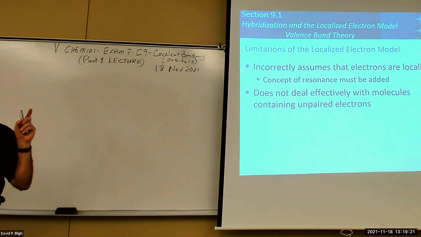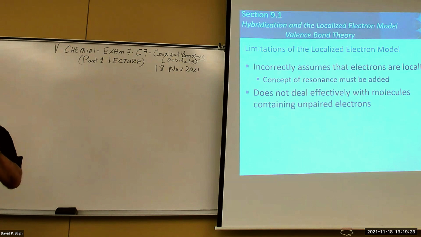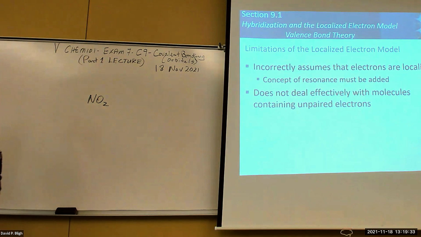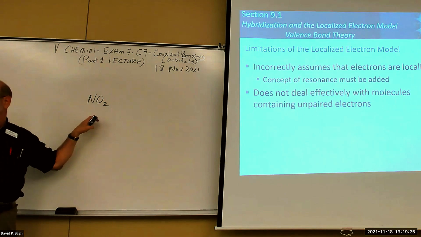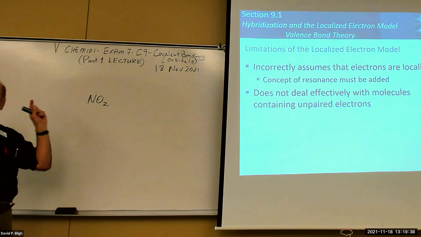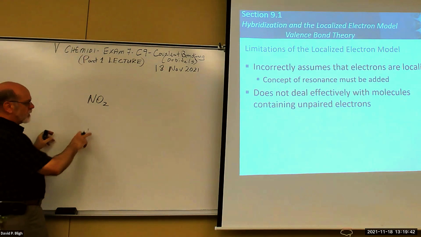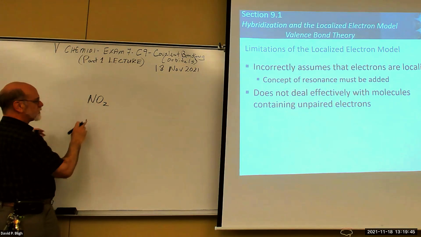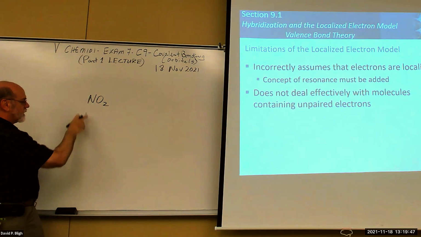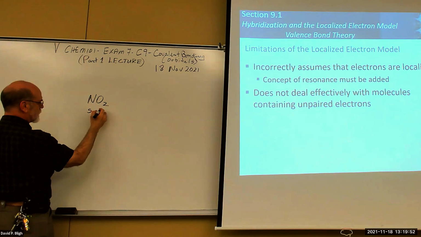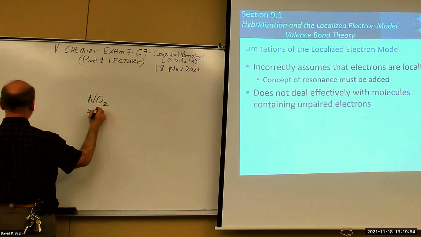It also has problems with molecules that show unpaired electrons. Here's an example: nitrogen dioxide. Now that's not the one with a charge on it. This is a neutral molecule, and it does exist. If we were to use the localized electron model and the valence bond theory, nitrogen is 5, 2 oxygens, 2 times 6 is 12.